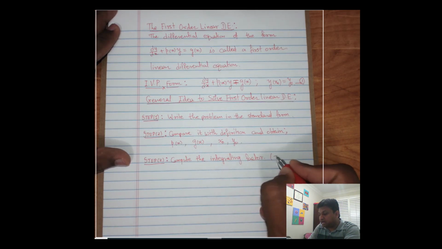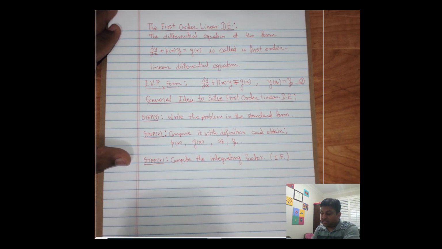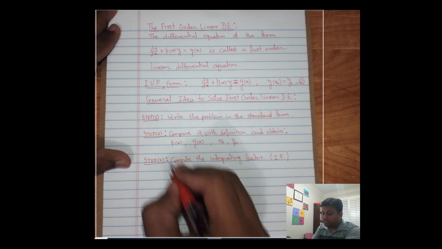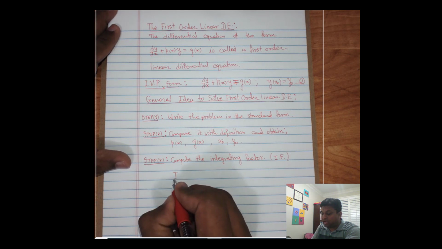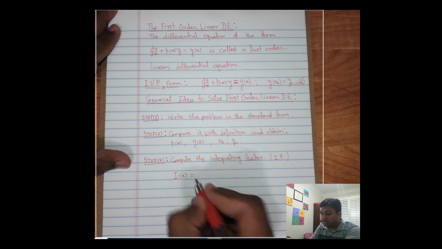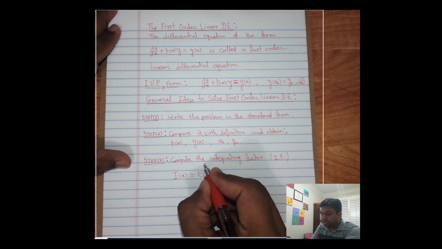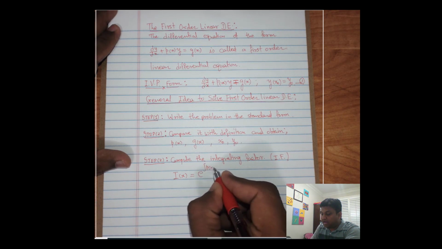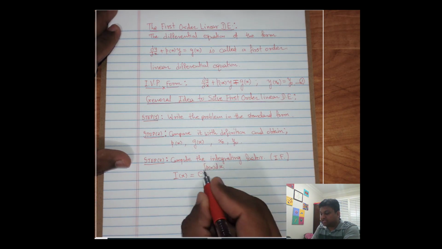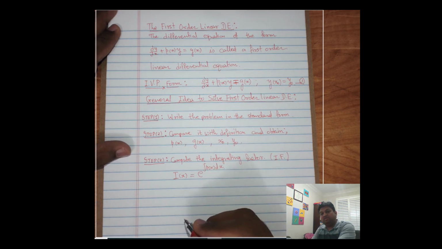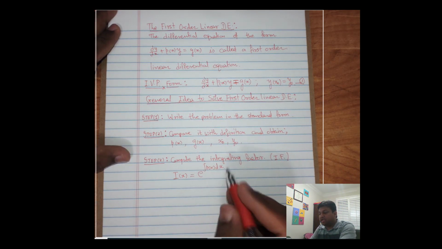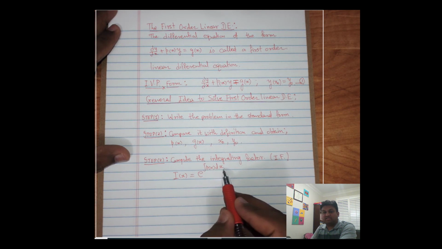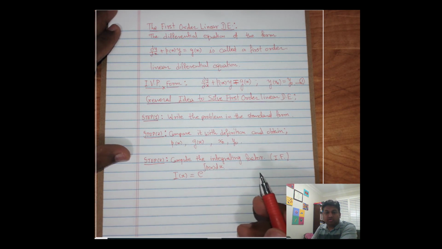In short, I will write I.F. to represent integrating factor. It's a function of the variable x, and this is how you obtain it. The integrating factor can be obtained by simply putting one antiderivative of p of x in the power of e. So e to the power integral of p of x dx is going to give you the integrating factor.